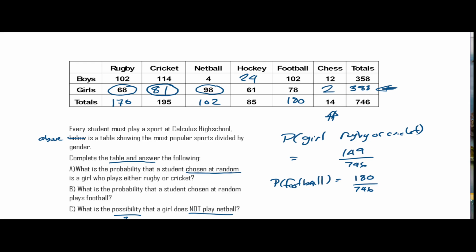What is the probability that a girl does not play netball? So it's only out of the girls. So not netball and a girl. So how many girls are there? There are 388.